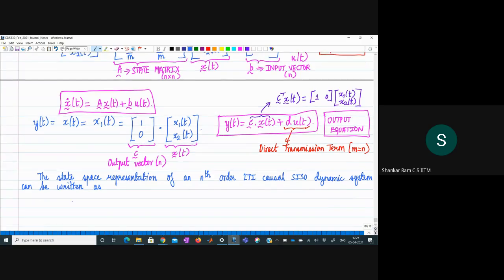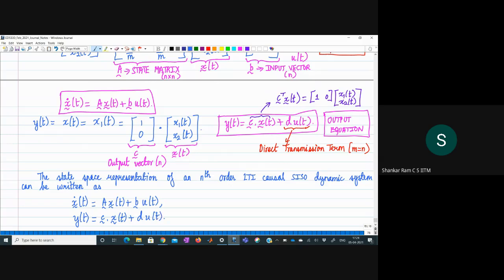We can write the state equation, a vector first order ODE, as x dot equals A x plus B u of t. That's the state equation, and y of t equals C dot x of t plus D u of t.